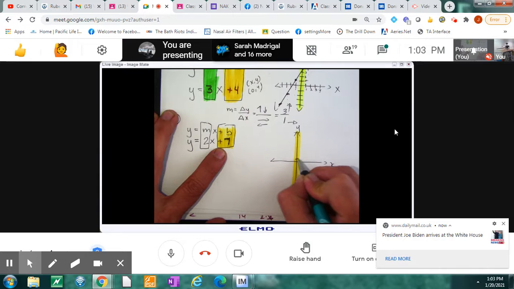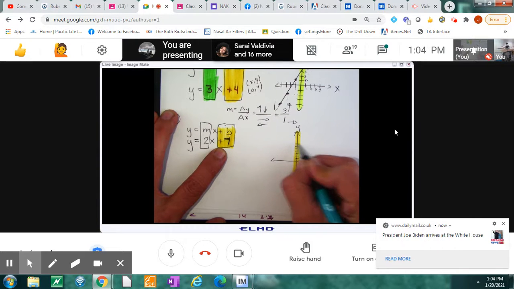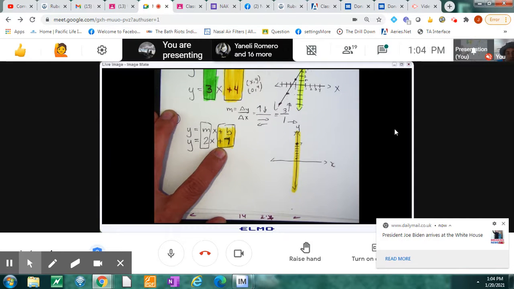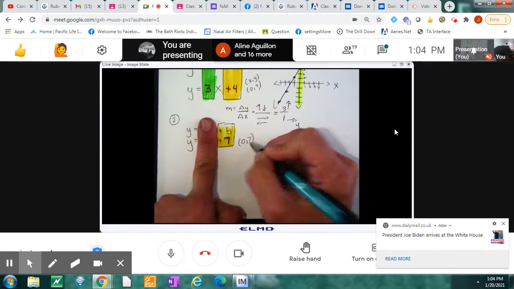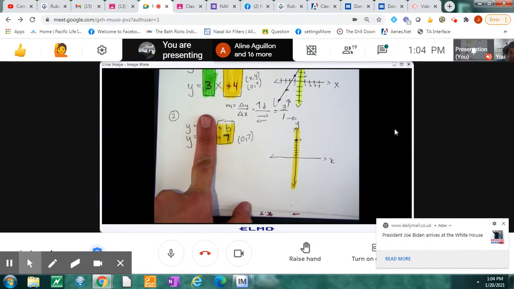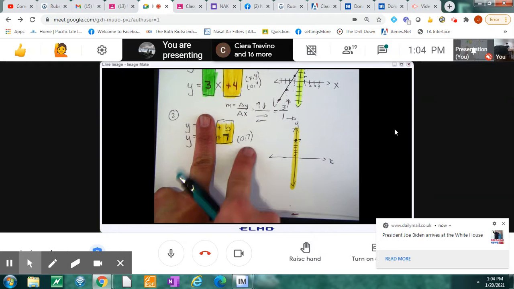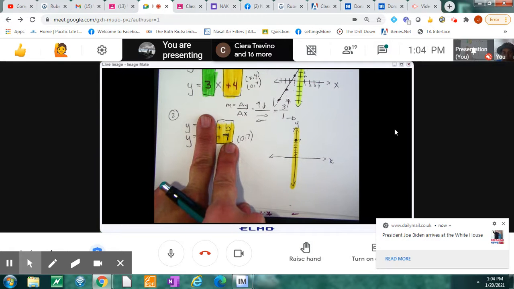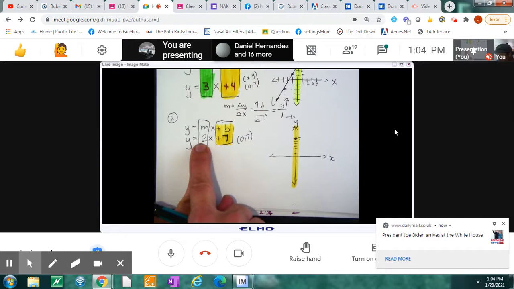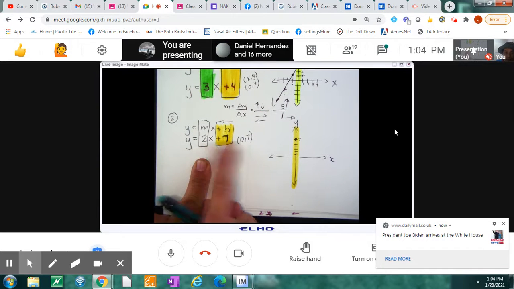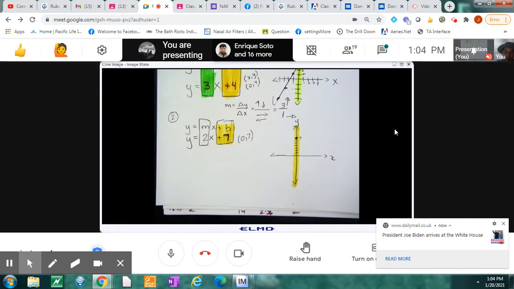Let's go 1, 2, 3, 4, 5, 6, 7, right there. There's your 7, which is technically 0, 7, because remember, when I cover the 2 times x, it's y equals 7. If I put 0, 2 times 0 is 0, plus 7 is 7. So it works out. That's why it's 0, 7.